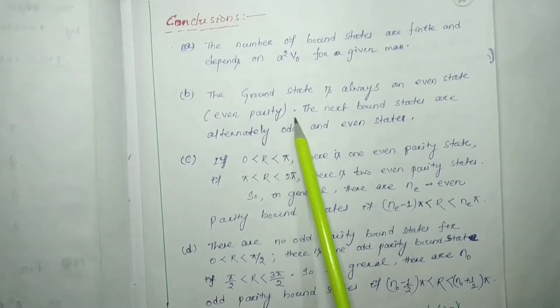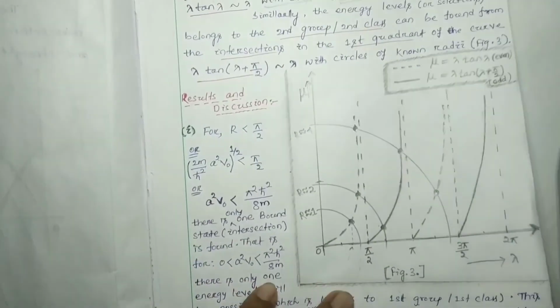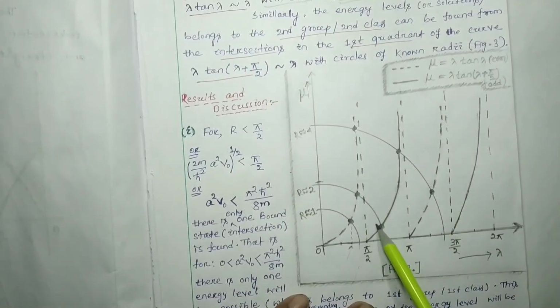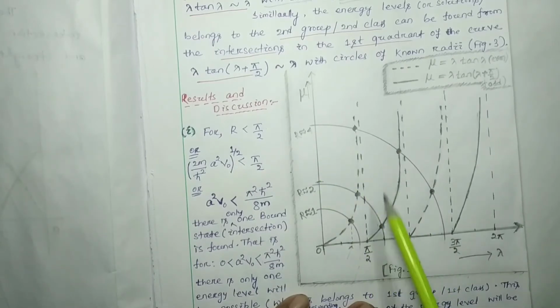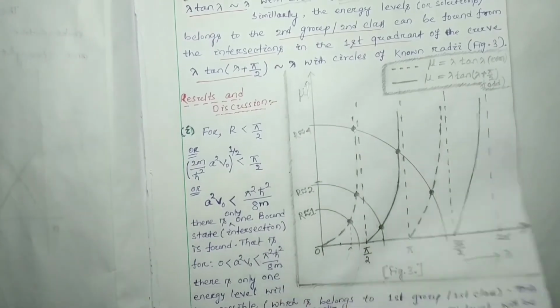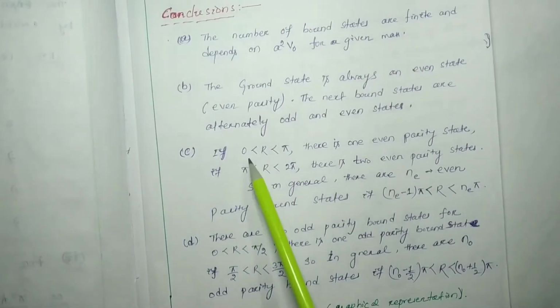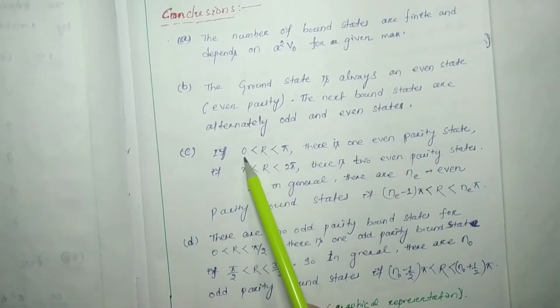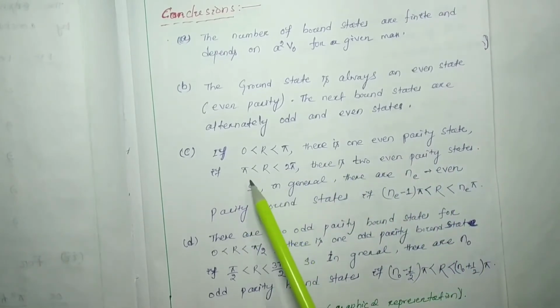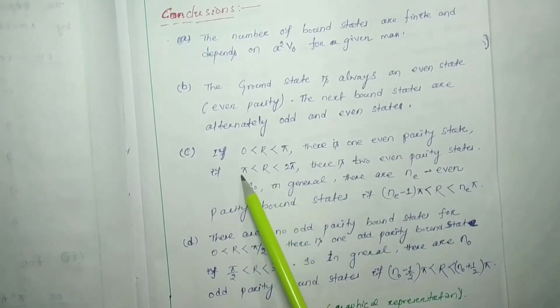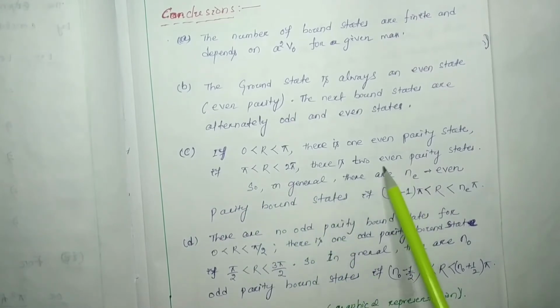The next bound states, considering the larger radius, are alternately even, odd, like that. If r is between 0 and π, there is one even parity state, as we discussed. If r is between π and 2π, there are two even parity states.